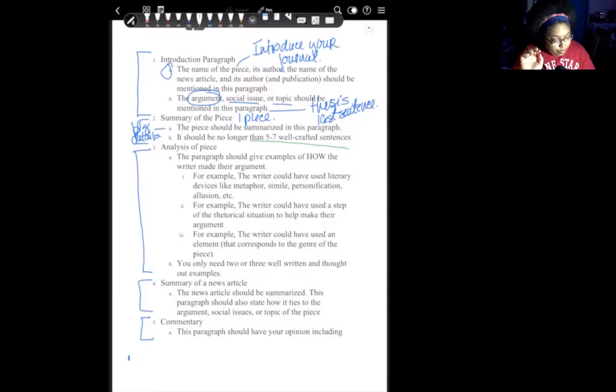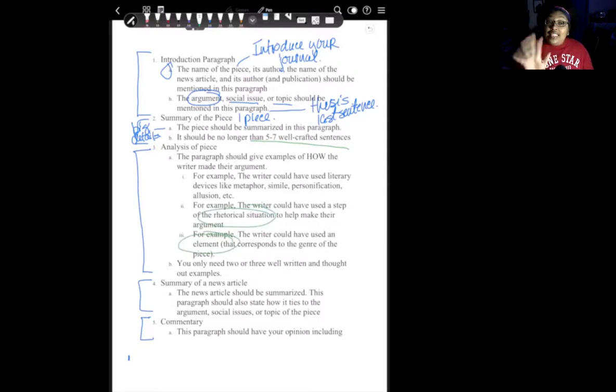So, for example, if you're doing a nonfiction piece like an essay, more than likely you're going to talk about maybe the rhetorical situation here, right? Maybe you're going to talk about an element, maybe the element of argument. These are 2 different things, by the way. The element of argument. And you're going to pick 1 or 2.